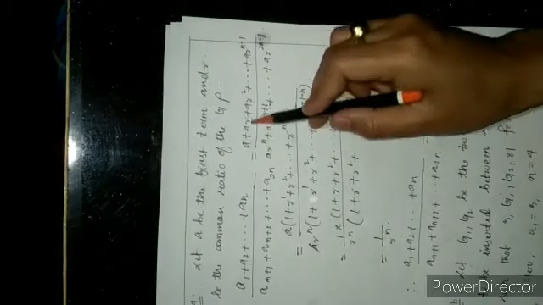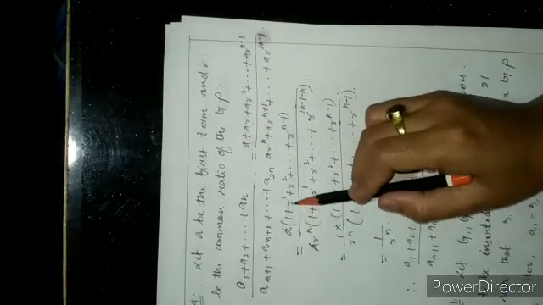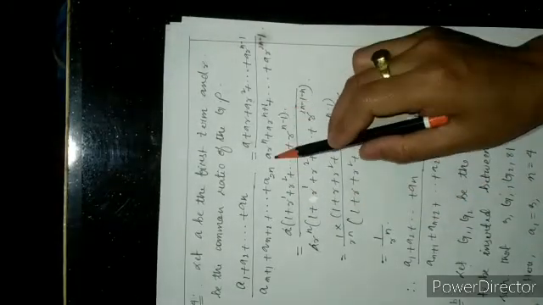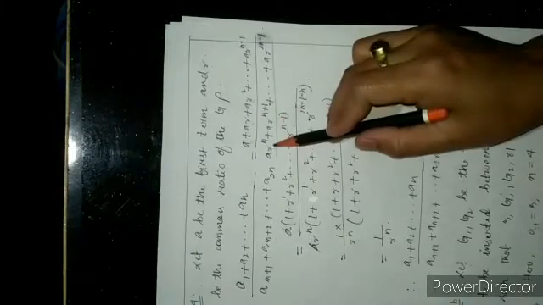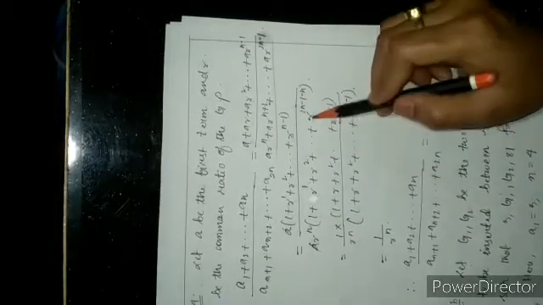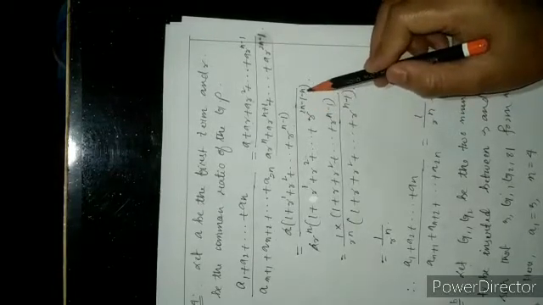Then taking a common from numerator, we get 1 plus r plus r square, last term will be r to the power n minus 1, and taking ar to the power n common from denominator, we get 1 plus r plus r square, last term will be r to the power 2n minus 1 minus n.